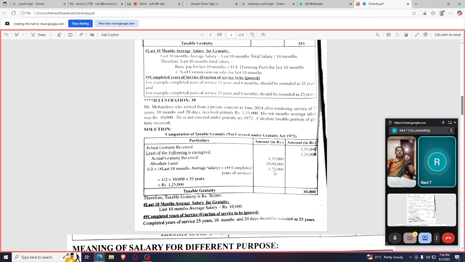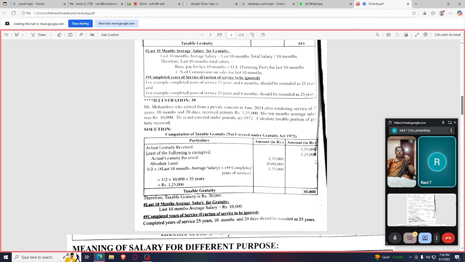So, compare the 3. What is that? Actual gratuity received, absolute limit 20 lakhs, then 1,25,000 by applying the provision of 1/2 into last 10 months average salary into completed years of service. Then 1,25,000 is the least among the 3.